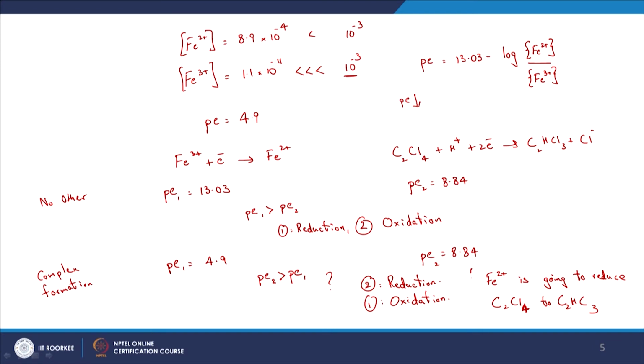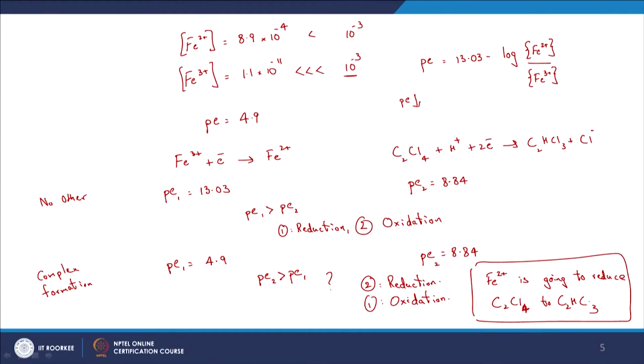So, obviously, here you see that Fe2+ is actually going to try to reduce C2Cl4 to C2HCl3. Again, why this change?